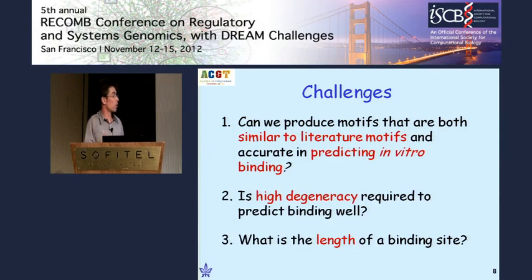Second, a natural conclusion from these studies is that in vitro binding is better predicted using degenerate motifs. We ask, is it really the case that high degeneracy is required to predict binding well? Third, we were interested in learning what the length of the binding site should be. Is it 8 positions, 10, or more?